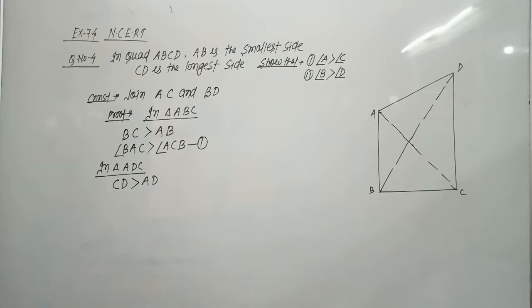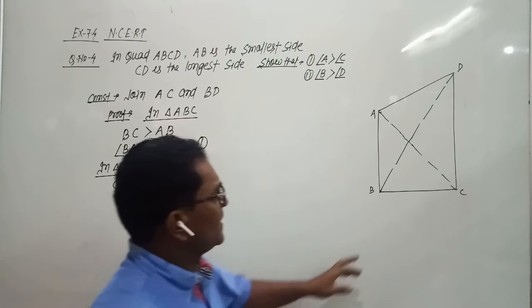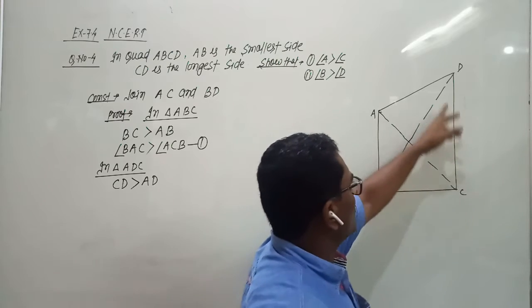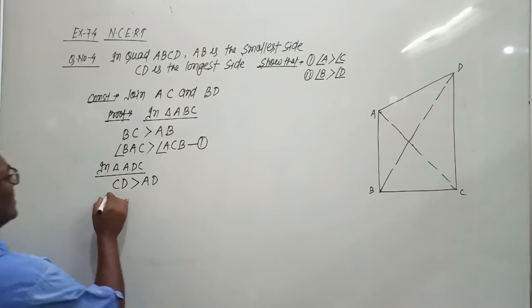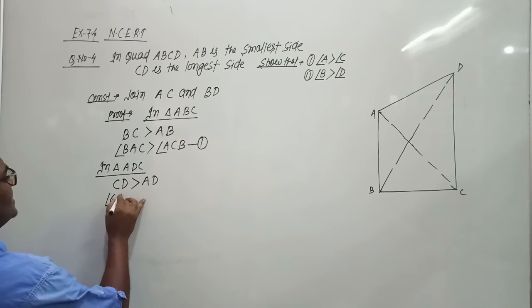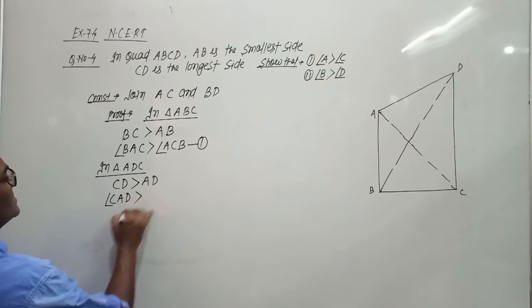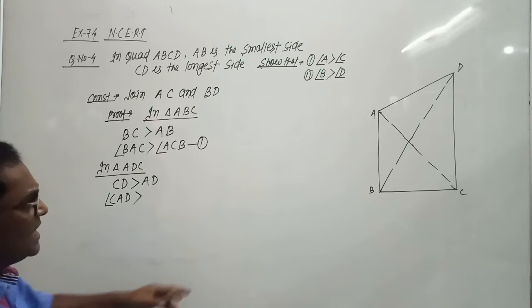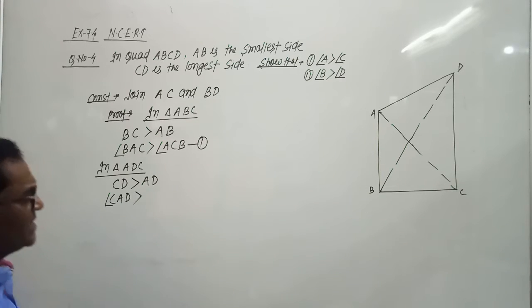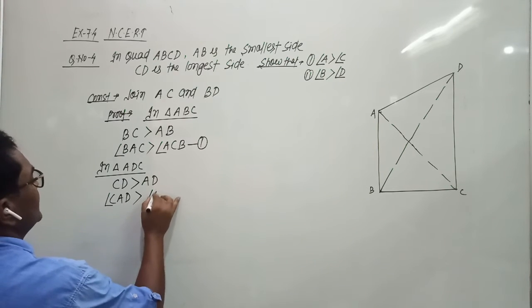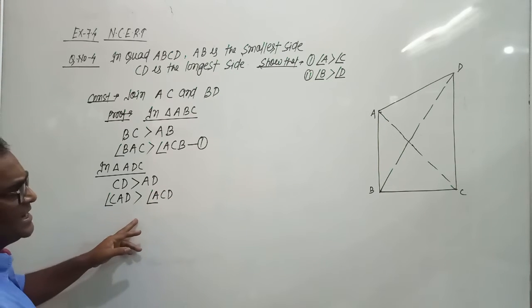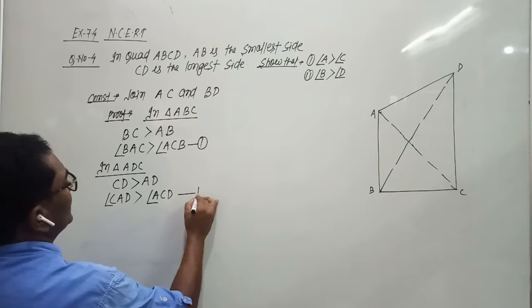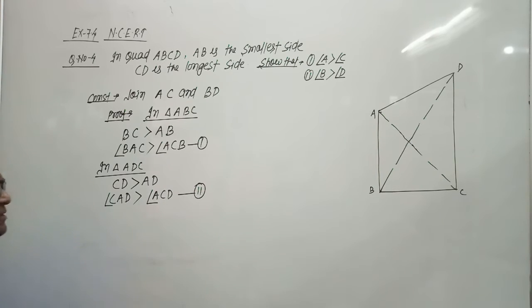So angle opposite to side CD is angle CAD. So angle CAD is greater than angle opposite to side AD, ACD. CAD is greater than ACD. This is second equation.